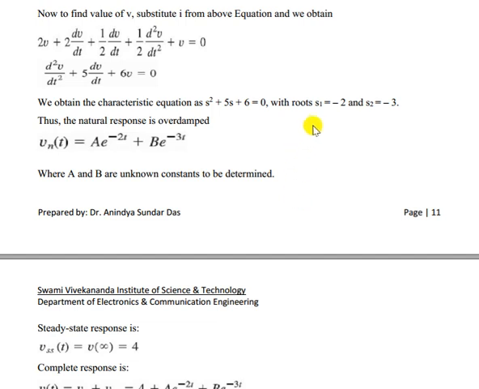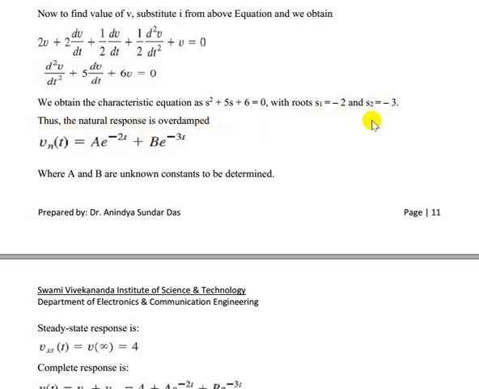Because for overdamped, the condition is that the roots of the characteristic equation must be negative, unequal and real. These two roots S1 and S2 are unequal and real numbers, so this is overdamped.